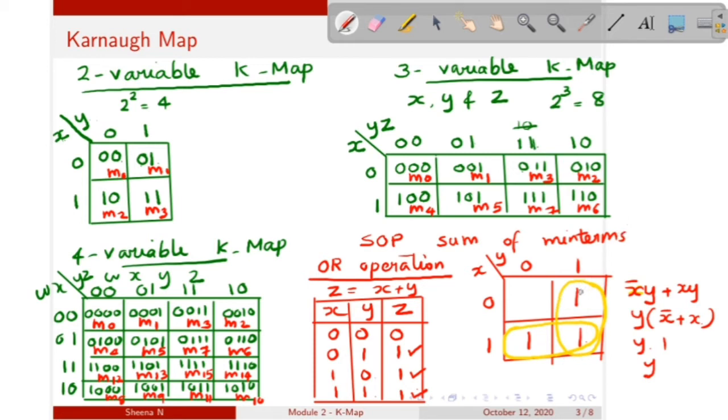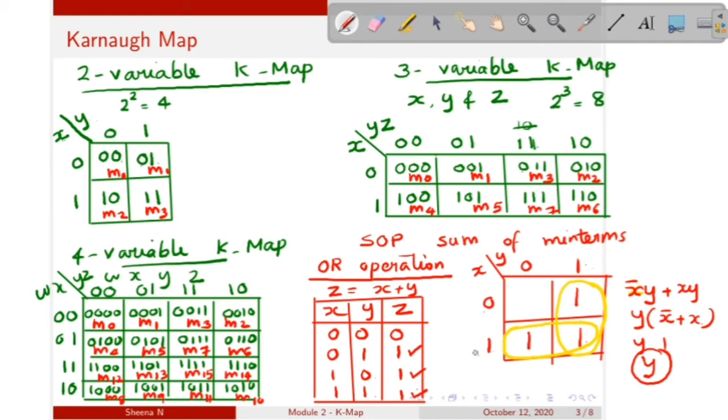Okay, so that variable is, here x can have values 0 and 1. So it is cancelled. So we have only y itself. So that is the procedure for getting y. When you take these pairs, this pair, consider this pair, then here y can have values 0 and 1. So that is cancelled.